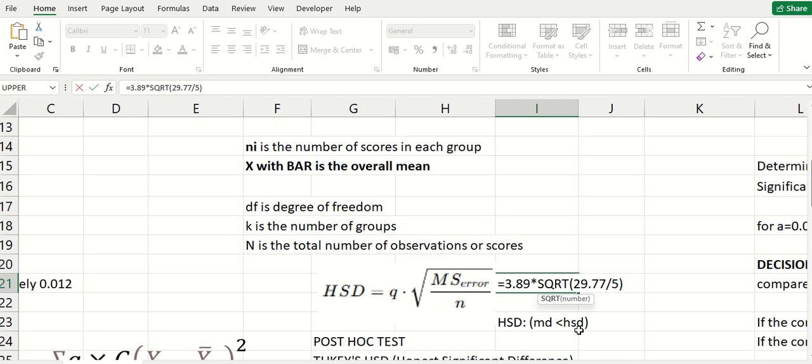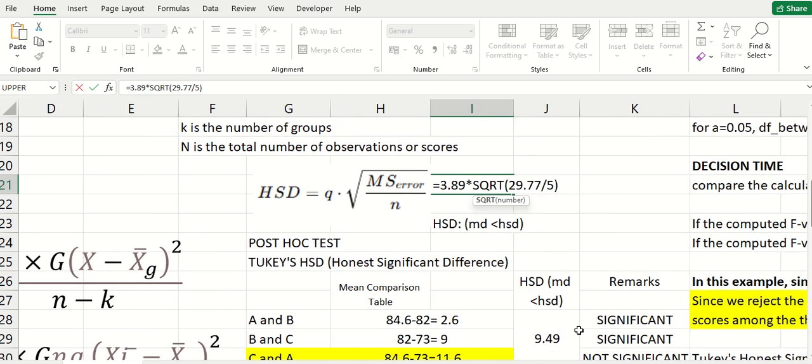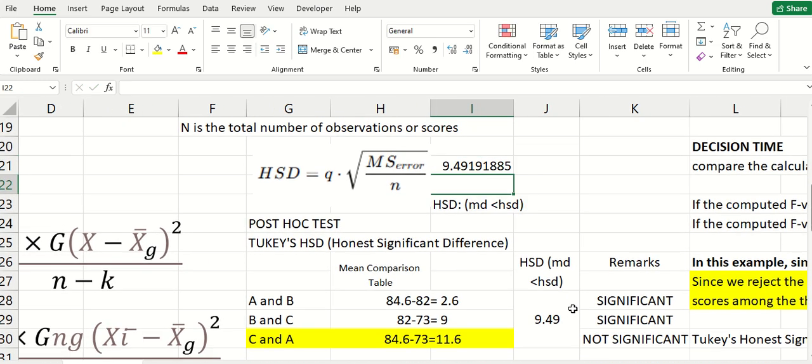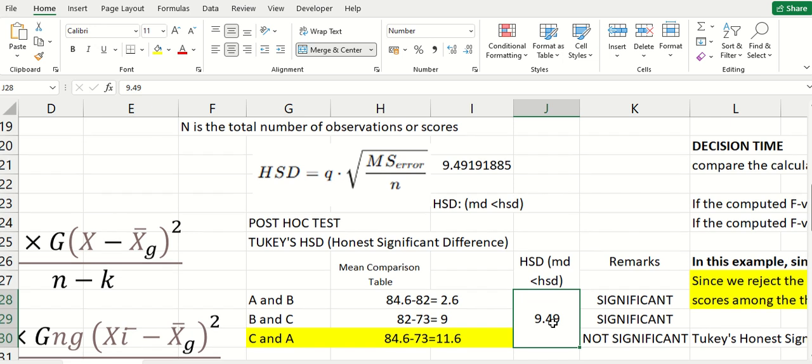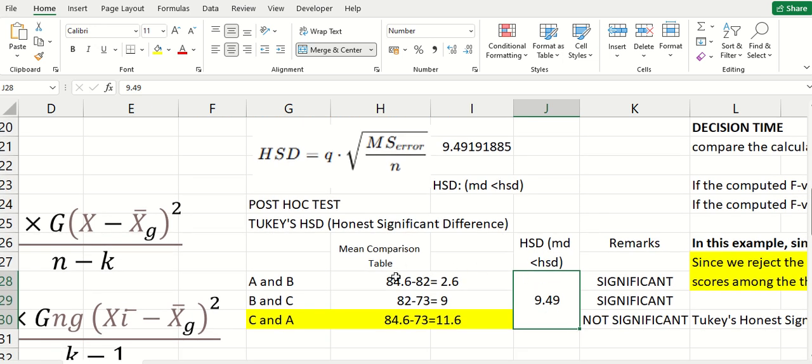Why 5? Because in our example we only have 5 samples in a group. Then you will have 9.49. If you want to compare, you have to put combinations of comparisons, actually three sets of comparisons from the levels. We can combine A and B, B and C, and C and A.